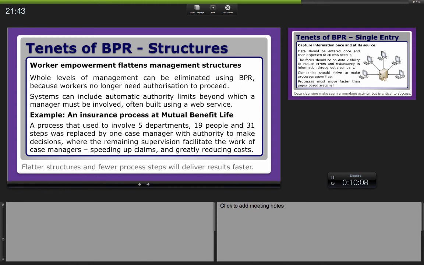So in the case of Mutual Benefit Life, they took a process that used to involve 5 departments, 19 people and 31 steps, and that was replaced by 1 case manager with authority to make decisions, where the remaining supervision facilitated the work of case managers, and the case managers were the focus, but the supervision in the background helped to facilitate things, speeding up claims and greatly reducing costs.